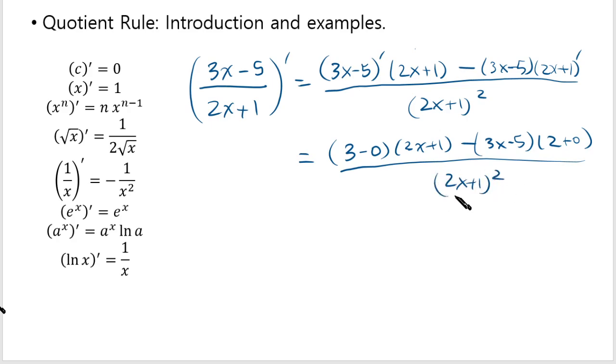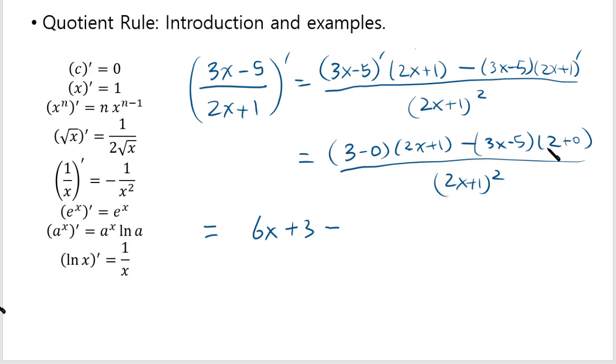You could expand this, but if you expand this, it becomes more ugly. So I'll just treat this as the simplified one. So let's try to simplify. 3 times 2x plus 1, that's 6x plus 3. Okay. Now here is the single biggest source of error when people use the quotient rule. It's this minus.